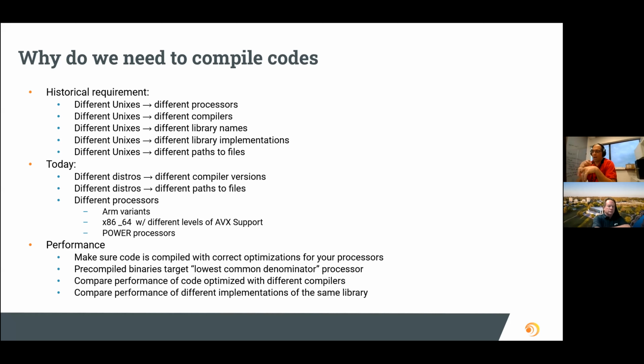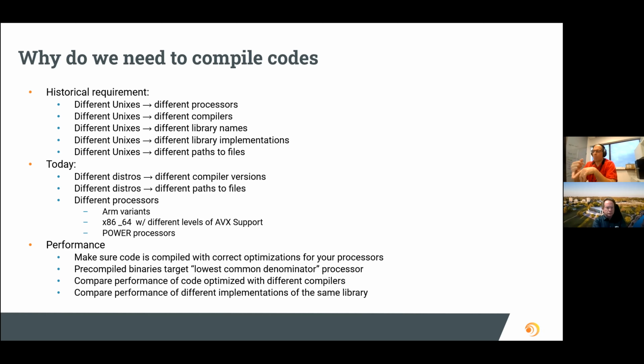You have ARM variants, right? And the thing about ARM is that different vendors can extend the ARM instructions in different ways. For example, Fugaku, the Japanese system, has ARM processors from Fujitsu. I think they're called A64FX or something like that. The Apple M1 and M2 processors are ARM variants that I'm sure have slightly different instruction sets.